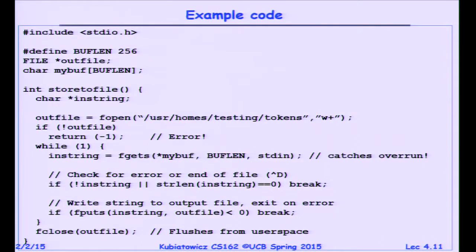Yeah? But the kernel has to keep a queue of them so that they arrive in the correct order when they're actually written, right? Well, that's a good question, too.